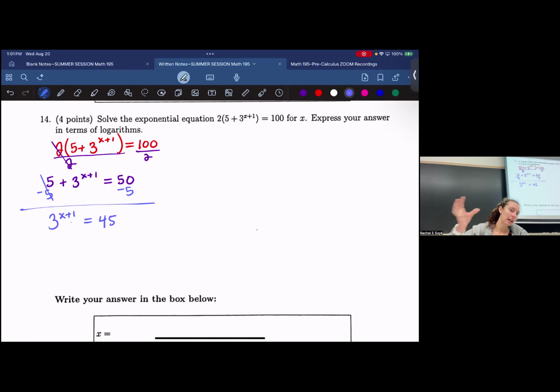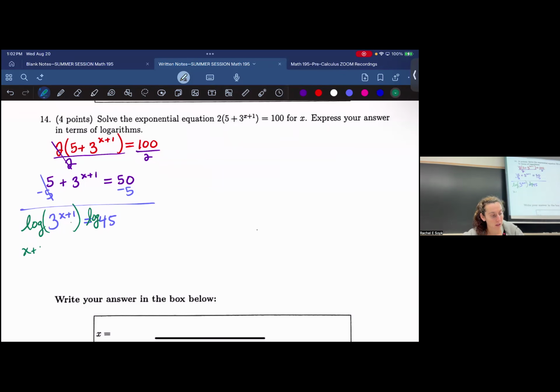I need to get that x out of the exponent, so I want to put this into logarithmic form. If you know the conversion from exponential form to logarithmic form, you can go about it that way. If you forgot the conversion, you can also just take the log of both sides, and then it'll eventually get you into that log form by using your logarithmic properties.